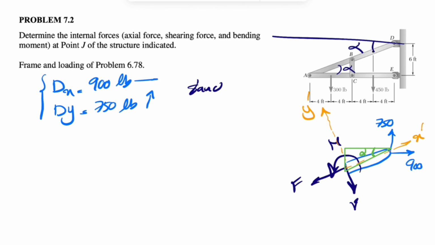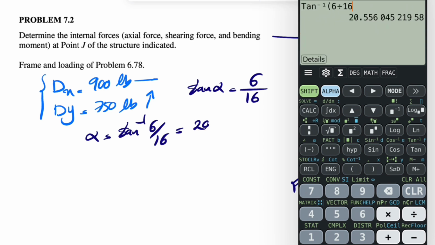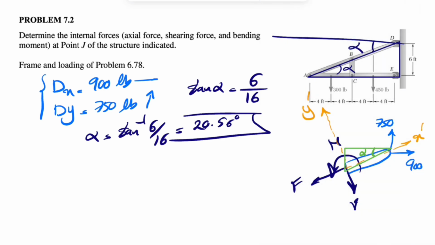The tangent of alpha is the opposite over the adjacent, 6/16, so alpha would be the inverse tangent of 6/16, which is 20.56 degrees.